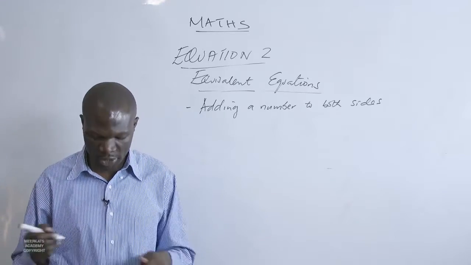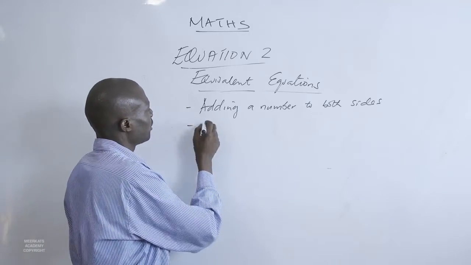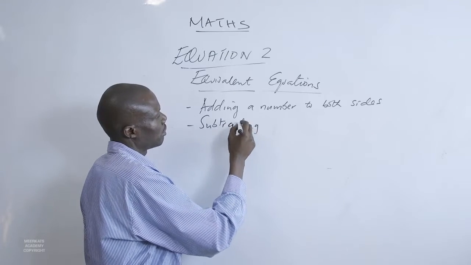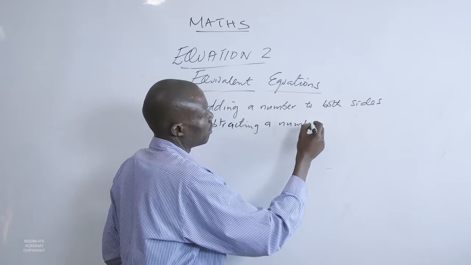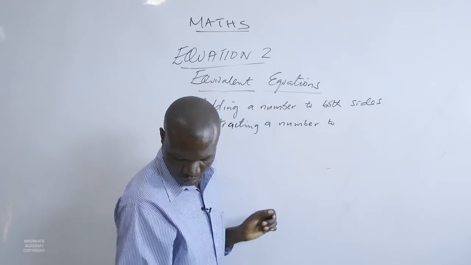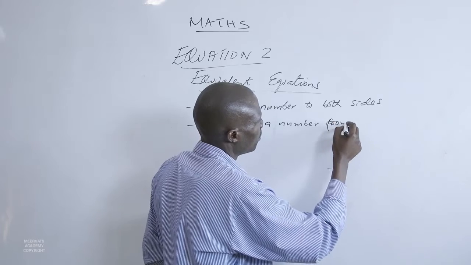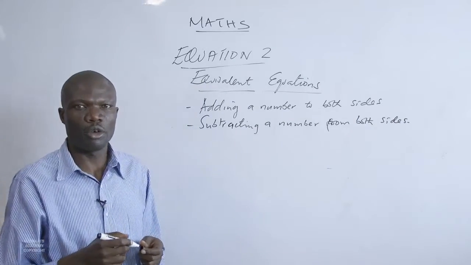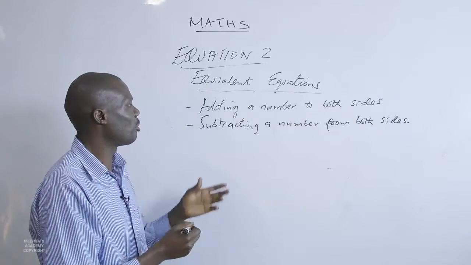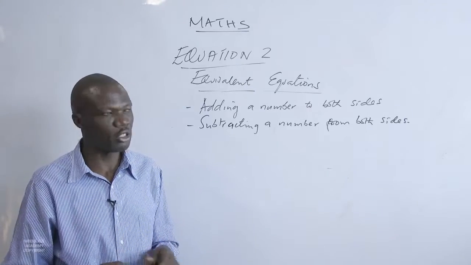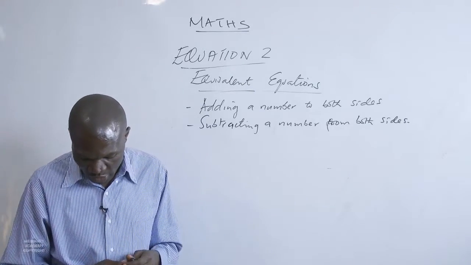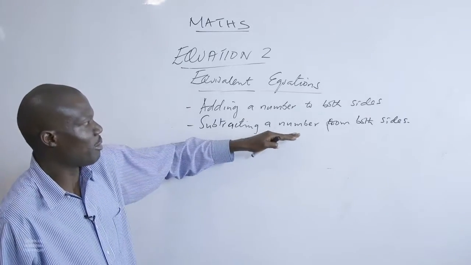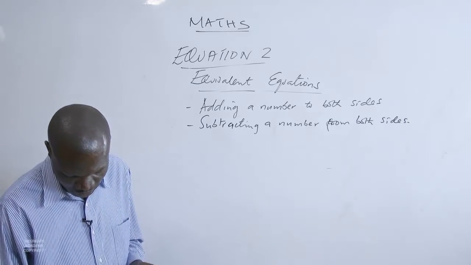Second, if you are subtracting a number from both sides, again, you will be attaining an equivalent equation. If you are subtracting a number from both sides, you'll be doing the same.